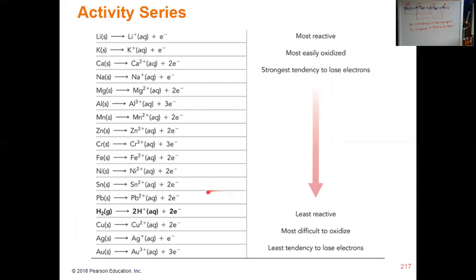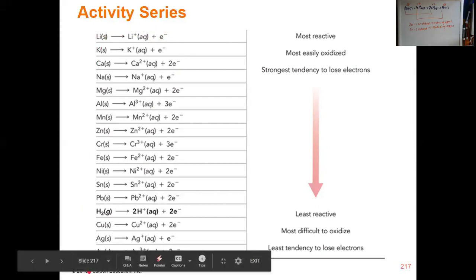Okay, so lithium up here is the most reactive, and it's most reactive because it's most easily oxidized, which means it's very easy for lithium to give this electron up. Okay, if it's easy for lithium to give the electron up, that means that it's going to react with things more readily than something at the bottom of the list.